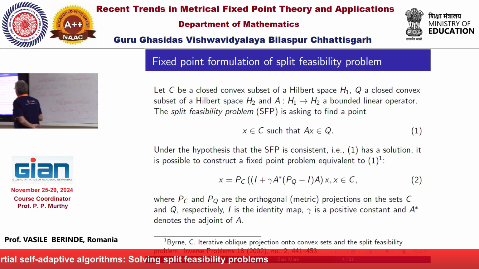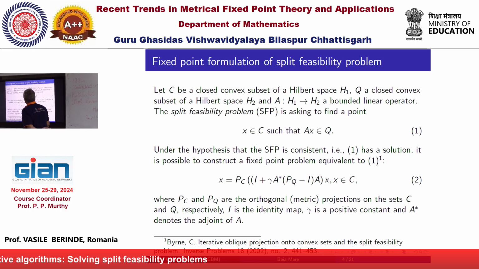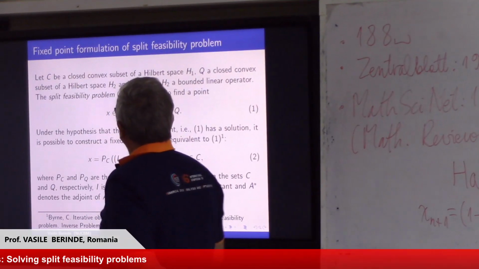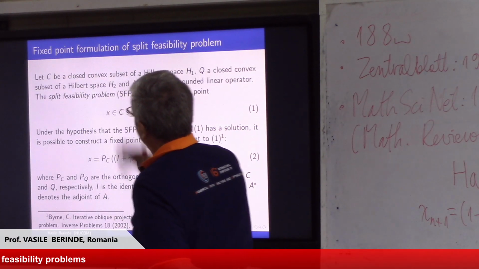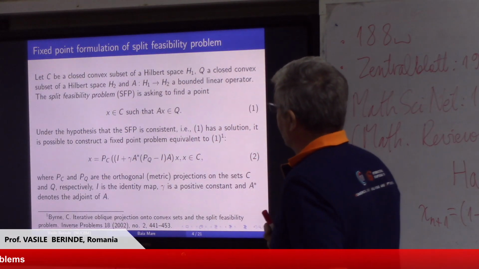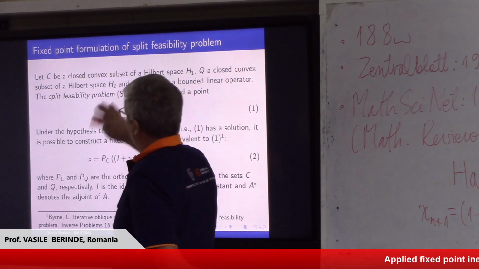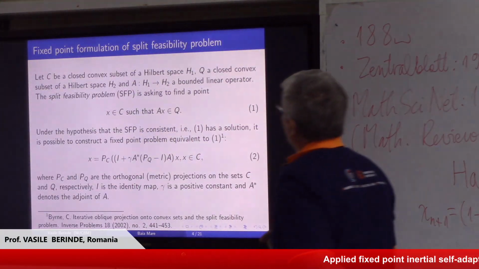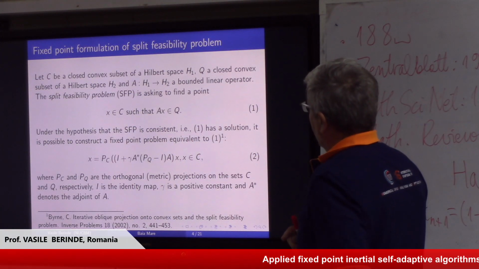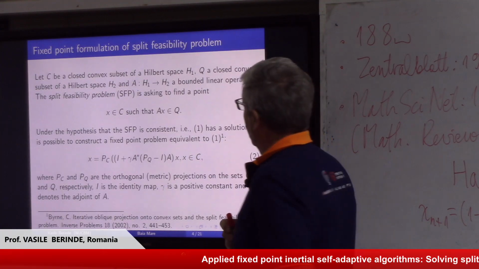The problem itself is defined in this way. We have a Hilbert space H1, and C is a closed convex subset of it. We have a second Hilbert space H2. They can be the same, no problem. And Q is again closed convex.